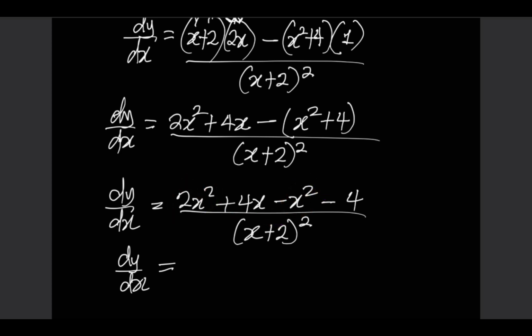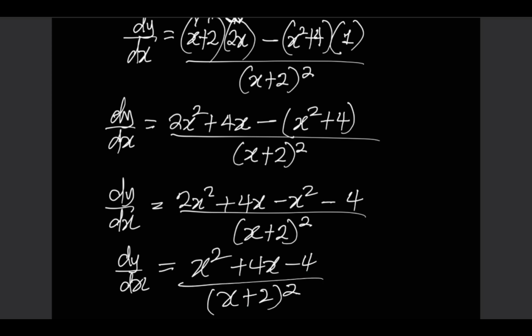The coefficient should be subtracted. That will just give you x squared. Again, we have 4x alone and this alone, so we just have to write this down, plus 4x minus 4 divided by x plus 2 all squared.